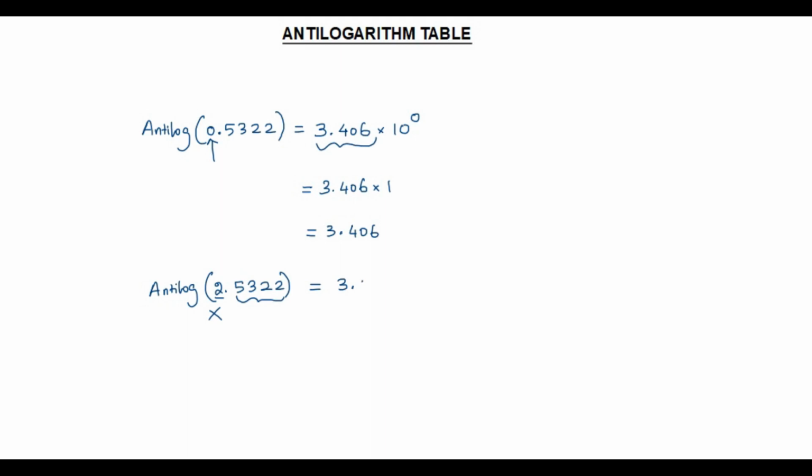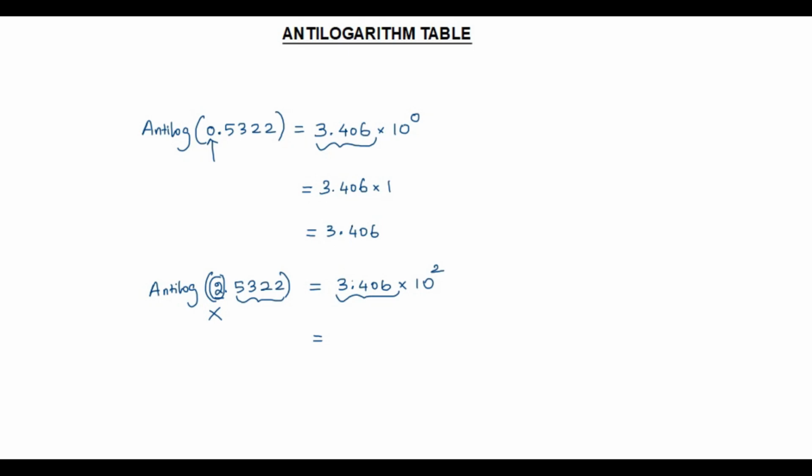The same can be taken here, and always the value we get from the antilogarithm table is to be multiplied by 10, and for this 10 the digit we have before the decimal should be taken as exponent. Here we have the digit 2 before the decimal point. This 2 should be taken as exponent of 10. So now I multiply this 3.406 by 10 to the power of 2, which is 100.